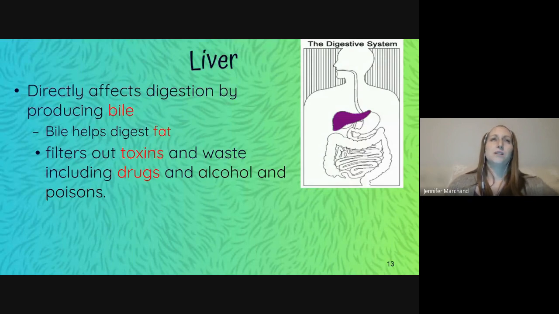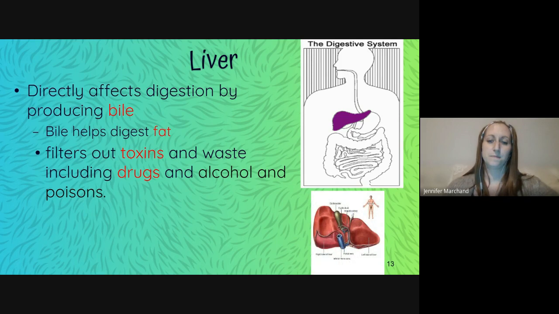A lot of times if you hear about someone who's an alcoholic and they may need a liver transplant, that's because their liver goes into hyperdrive because they're drinking too much alcohol, trying to filter out all of those toxins. And because of that, their liver will no longer function properly.